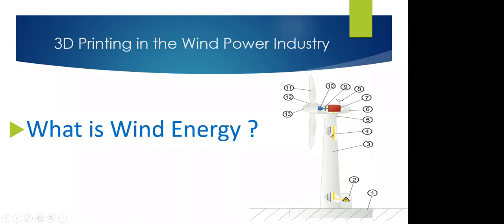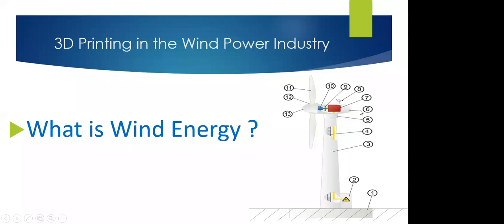And this is a wind turbine, and the main components of the wind turbine. The numbering is: one is foundation, two is connection to the electric grid, and number three is tower. This is the tower, and next, four is ladder, and fifth is wind orientation control. This is wind orientation control.